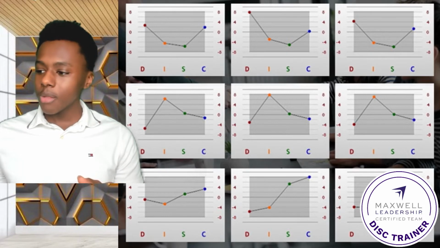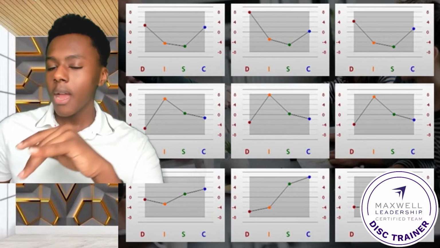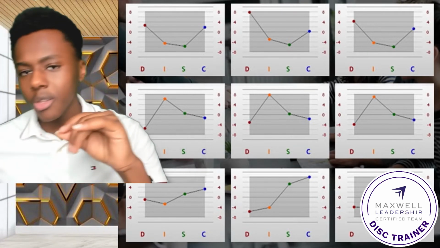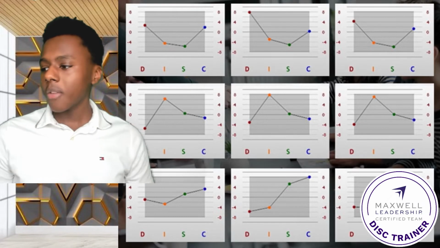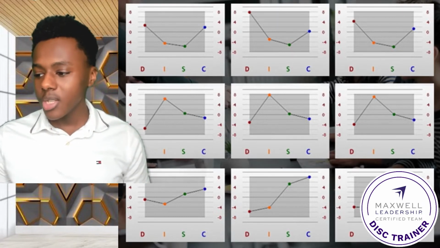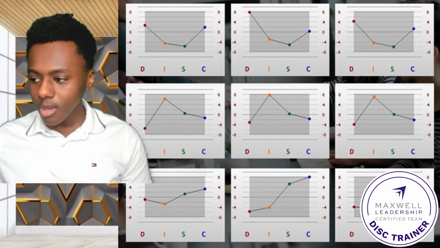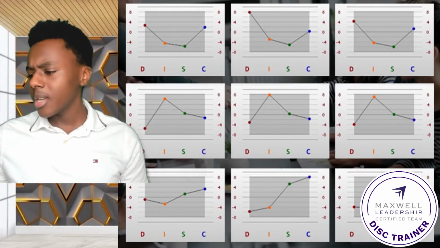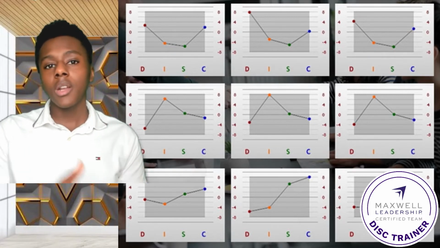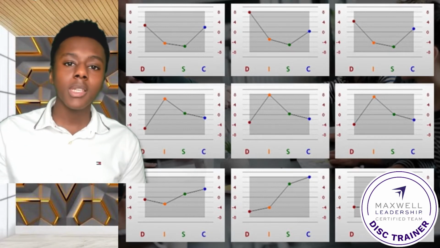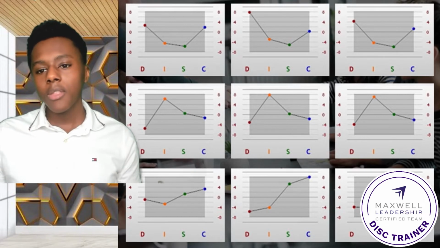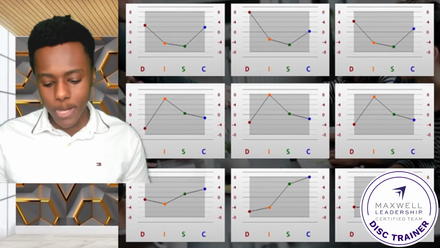If you look at it this way, they have a standard C, just right below the midline. If you go over to their self-perception, they see themselves the same as everyone else. As you can see, everybody's graphs are quite similar for their self-perception, their public perception, and how they act under stress.